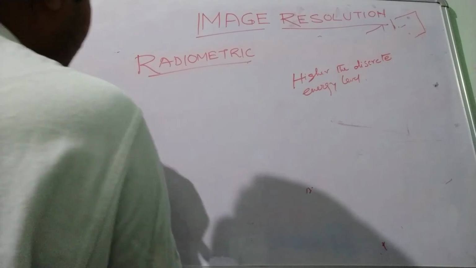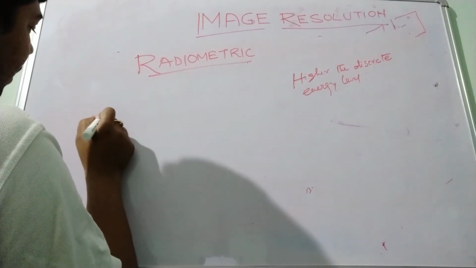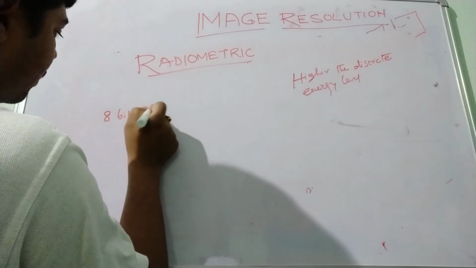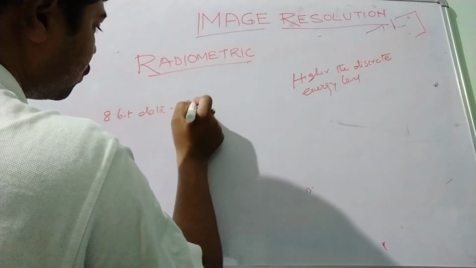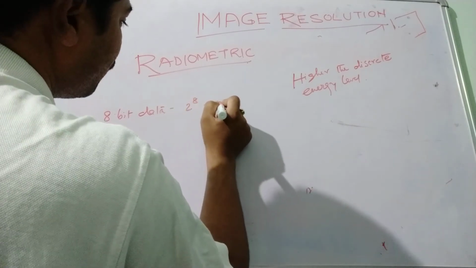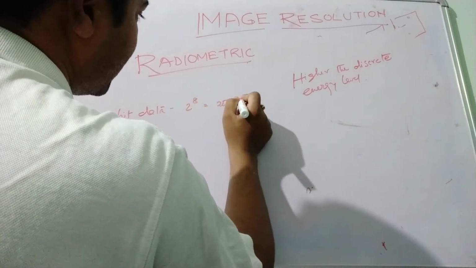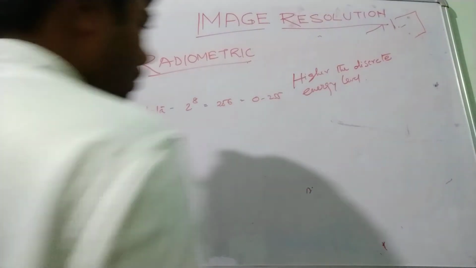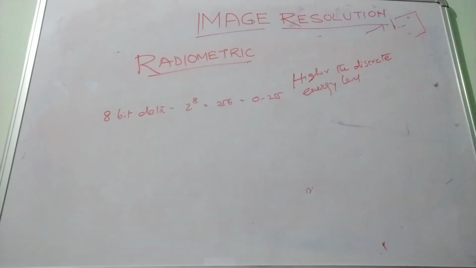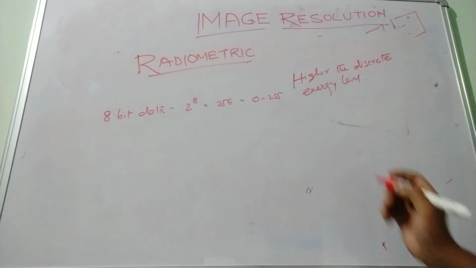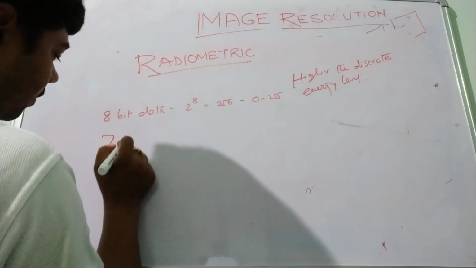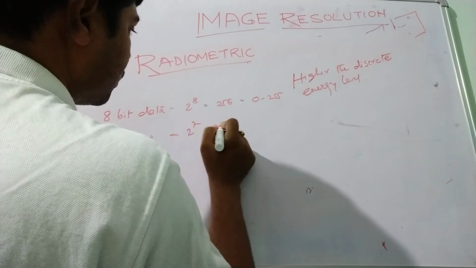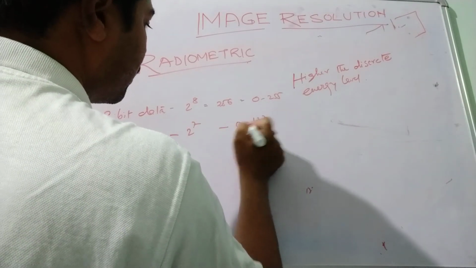For example, 8-bit data is 2 to the power 8, or 256 gray levels, and we can write it as 0 to 255. In the same way, we have 7-bit data, that is 0 to 127.